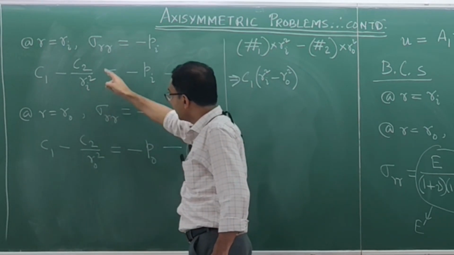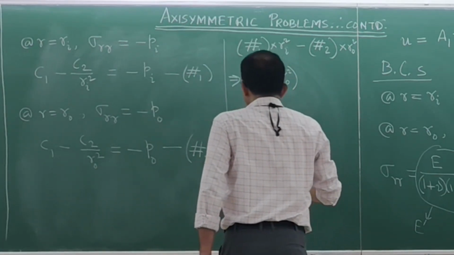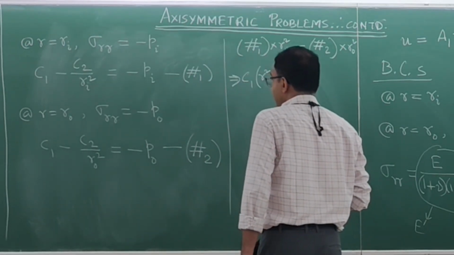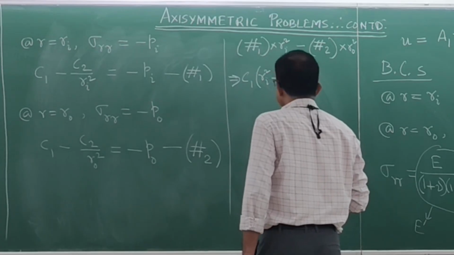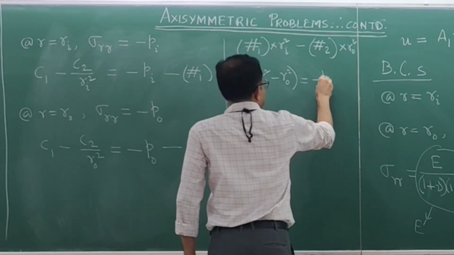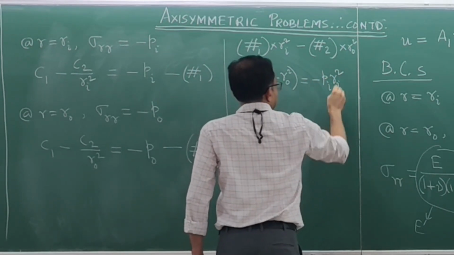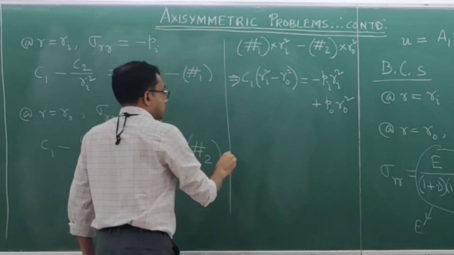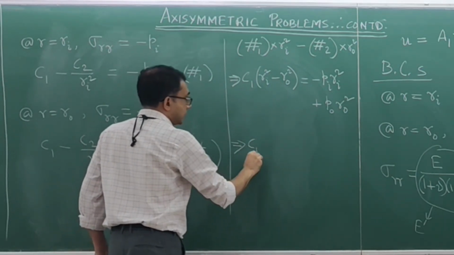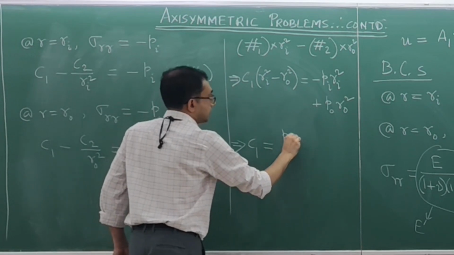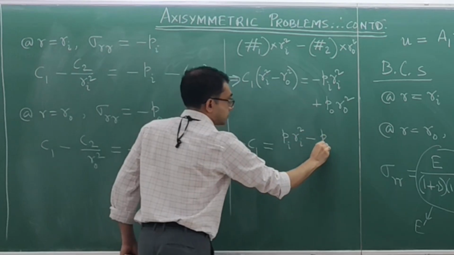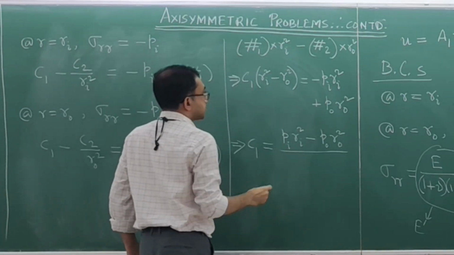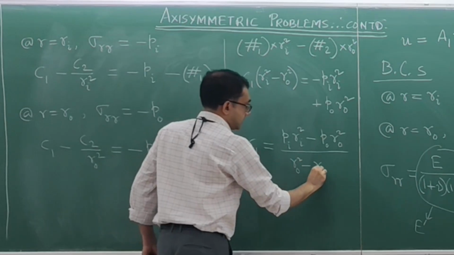It will be C2 here, C2 here. That will cancel when I do the subtraction, and I will end up with this thing, minus Pi Ri square plus Po Ro square. So overall this will be C1 is equal to Pi Ri square minus Po Ro square divided by Ro square minus Ri square.